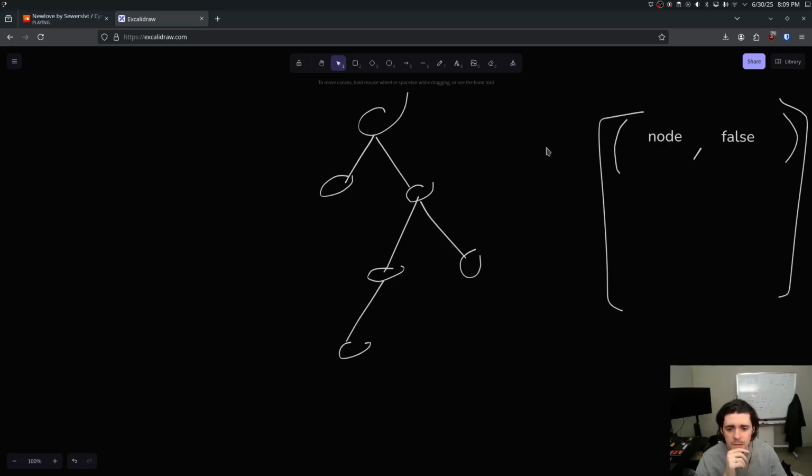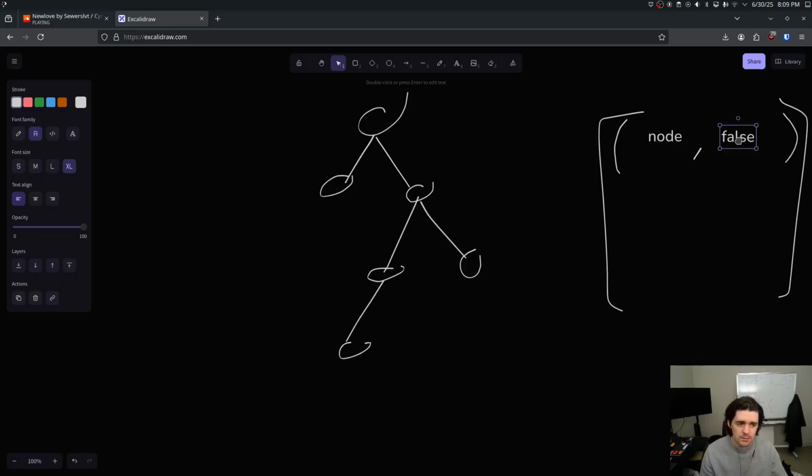We'll push these onto the stack, and if a node has not been visited, then what we will do is push its children onto the stack and then mark it as true.